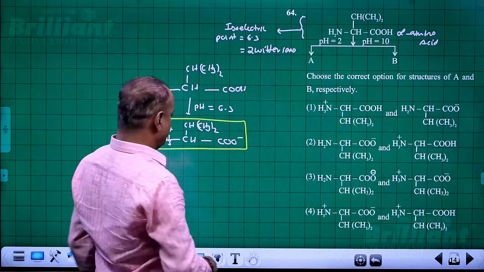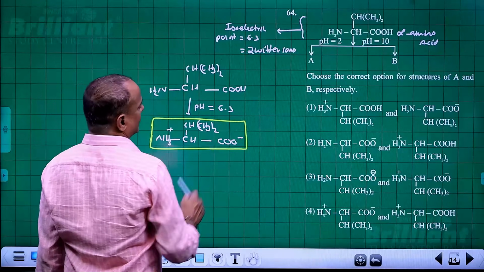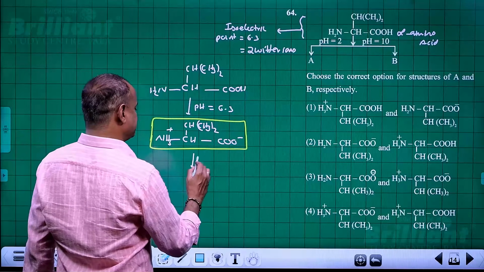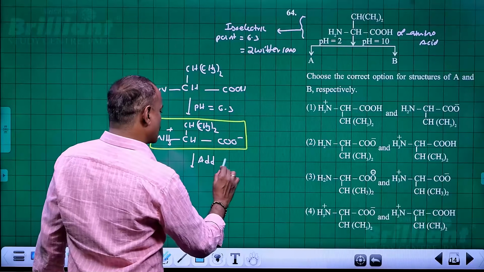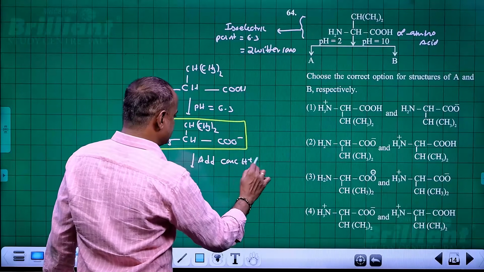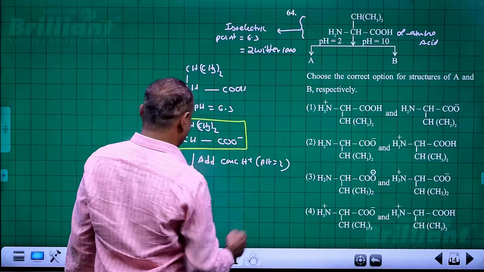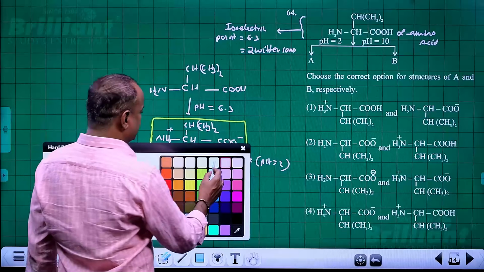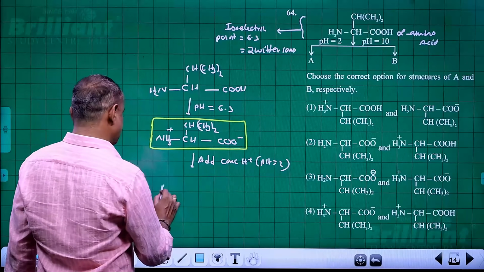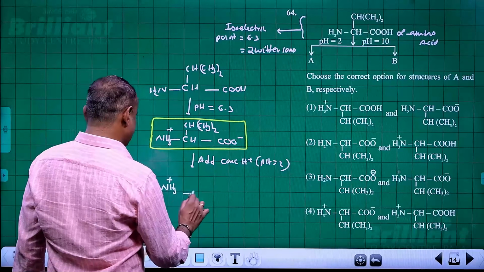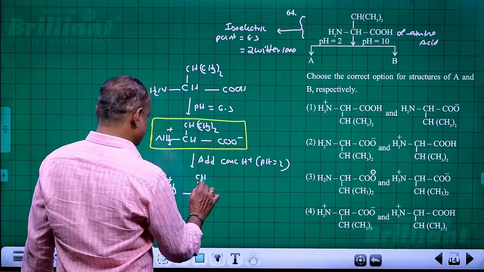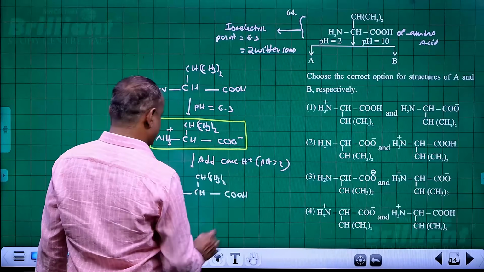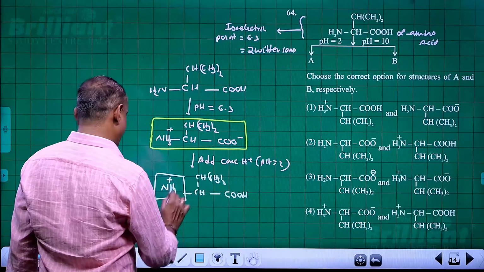Now at pH 2, that means addition of acid, at concentrated H plus ions, meaning a high value of H plus ions. H plus ions undergo protonation on the COO minus, neutralization, giving NH3 plus, CH3 twice CH COOH, that is called the cation.